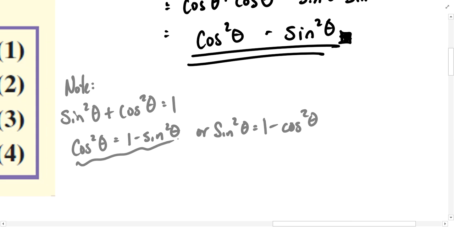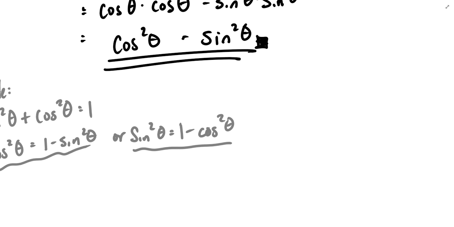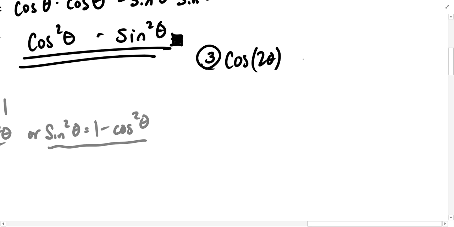So with these two side notes, let's see what happens if we make a substitution. For identity number 3 here, let's replace this cosine squared with 1 minus sine squared. So for number 3, we could say that cosine of 2 theta is not equal to cosine squared minus sine squared, but we'll say that it's equal to 1 minus sine squared minus sine squared.